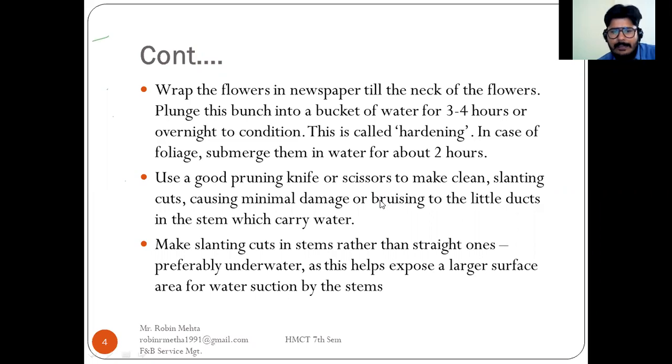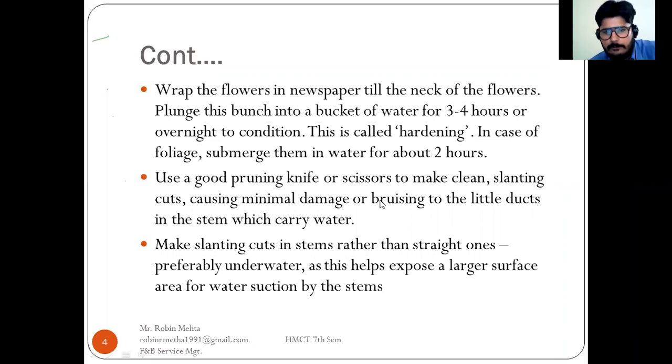In the next point, use a good pruning knife or scissors to make a clean slanting cut, causing minimal damage or brushing to the little ducts in the stems which carry water.